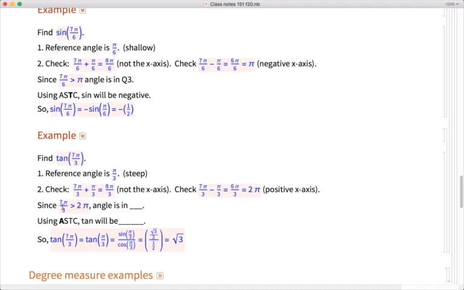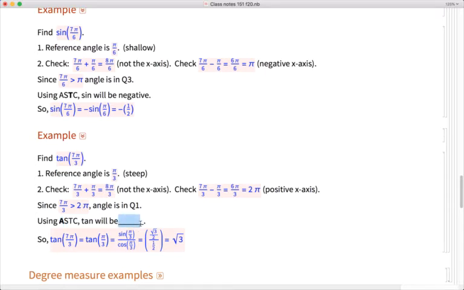This 7 pi over 3, that was in fact bigger than 2 pi. 7 pi over 3 was bigger than 6 pi over 3. So this 7 pi over 3 has gone all the way around past 2 pi and come back into quadrant 1. Right?